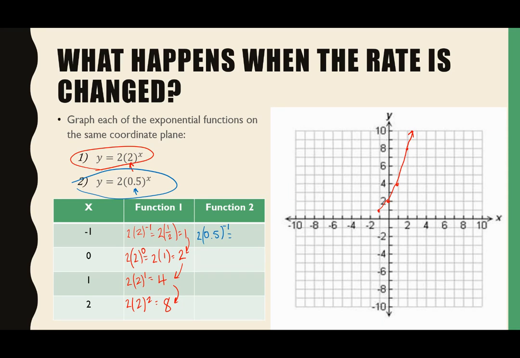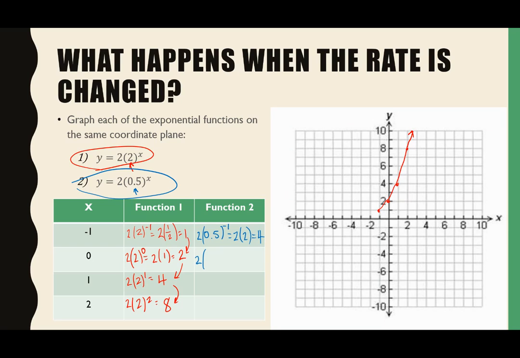Okay, 1/2 to the power of -1 is actually 2. So that is 4. And if you need to, you could type that in your calculator for confirmation.